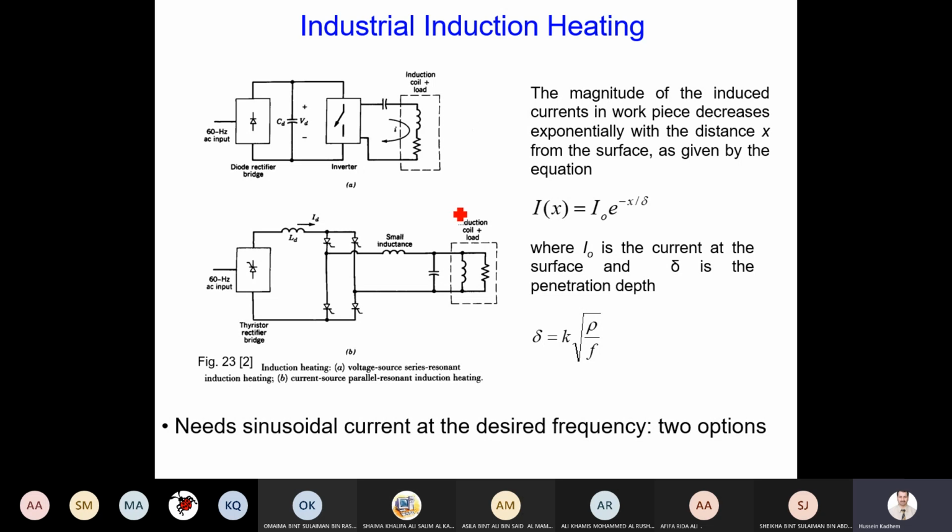How does this happen? You see here, this is the diode circuit, this is the inverter circuit, and here the induction coil is connected in series, or sometimes in parallel. The same previous circuit but connected in parallel.